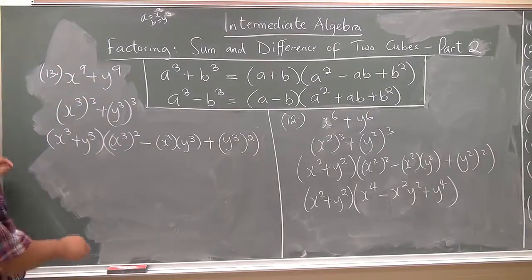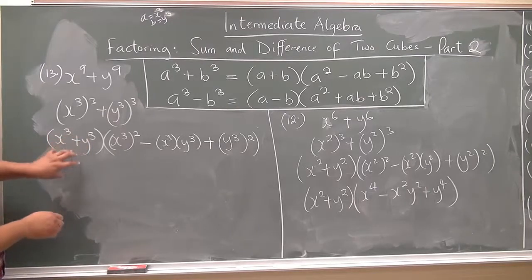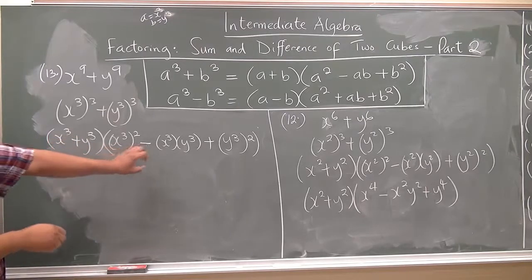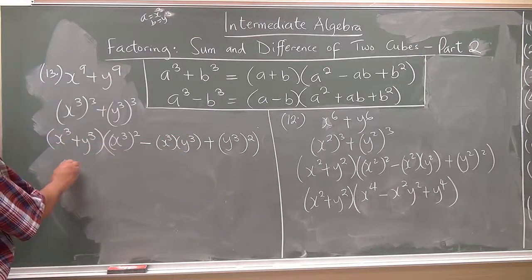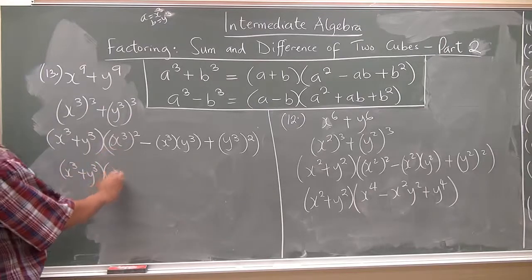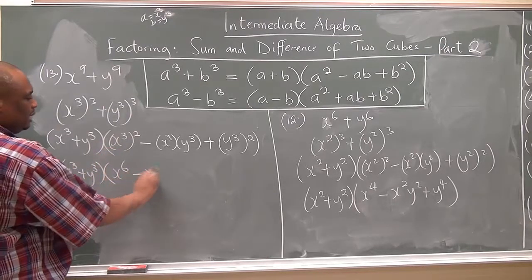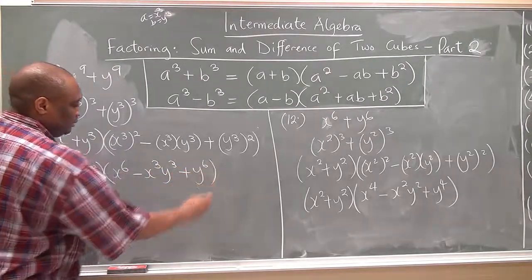We will still get back to this, but let's finish this first, one at a time. So this will be x cubed plus y cubed, then x^6 minus x cubed y cubed plus y^6.